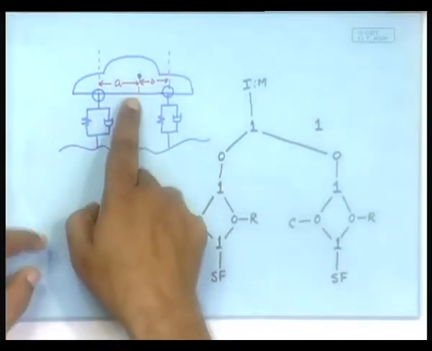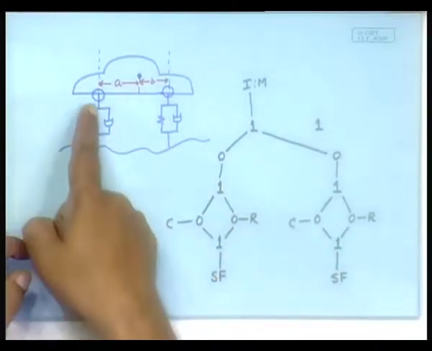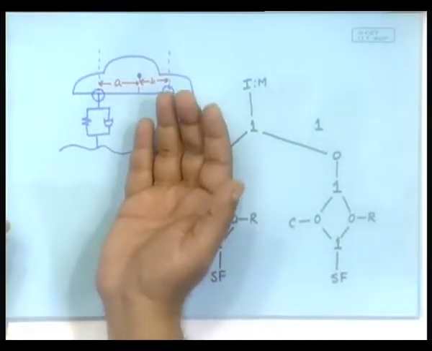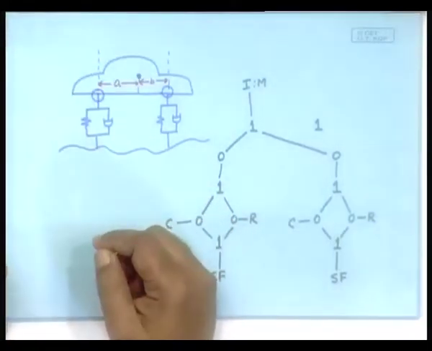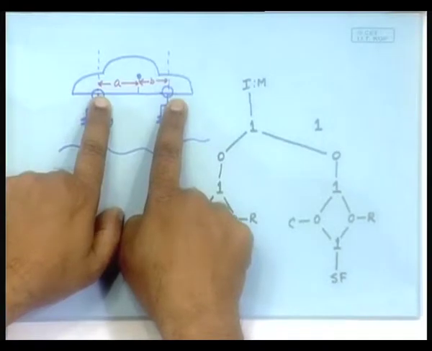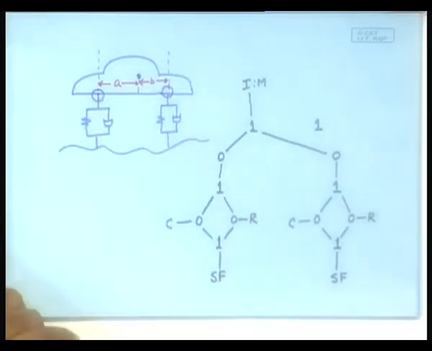Suppose the motion in the counterclockwise direction is assumed positive, then this fellow will try to move it in that direction, and this fellow will try to move it in the opposite direction. Okay. So, they will act in opposite ways.